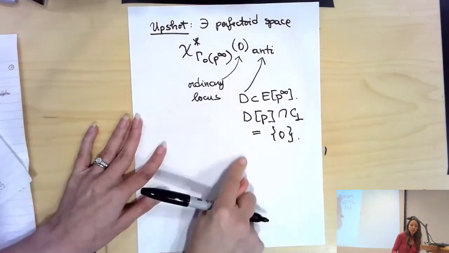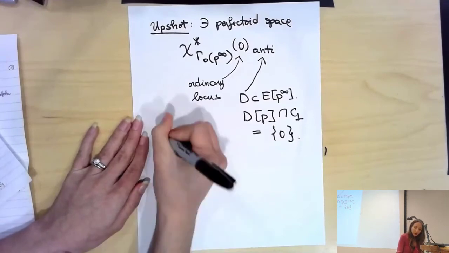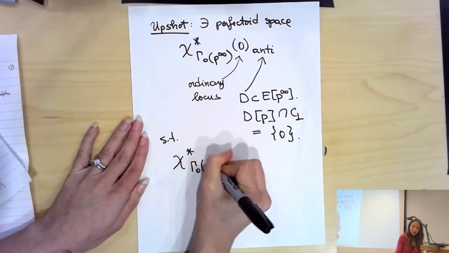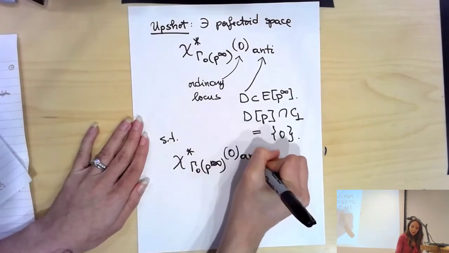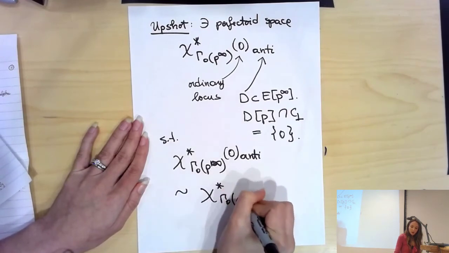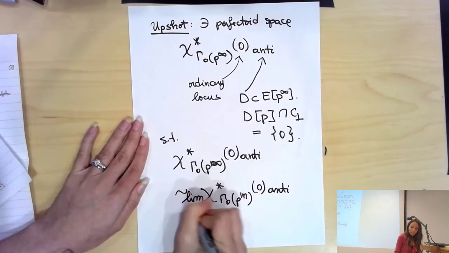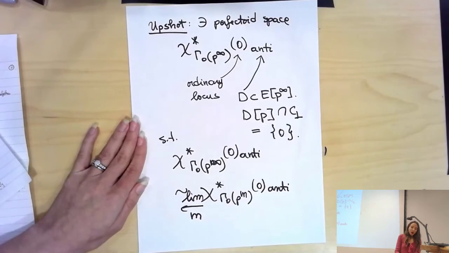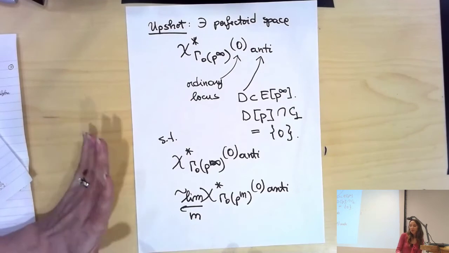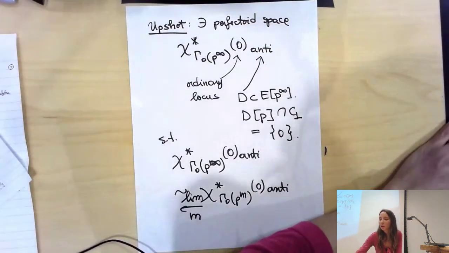This is what it means to be anti-canonical. So there exists such a perfectoid space such that this is the inverse limit with respect to m of things at finite level. Okay, so you can get a perfectoid structure by considering these canonical lifts of relative Frobenius.